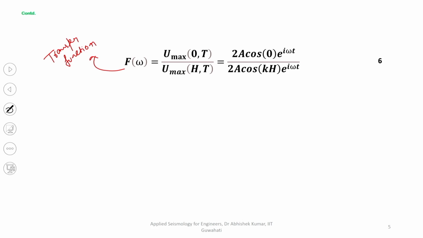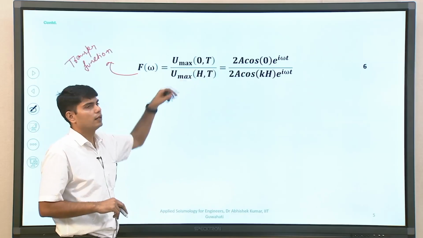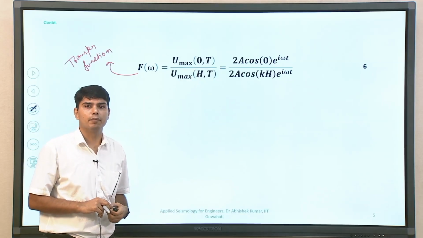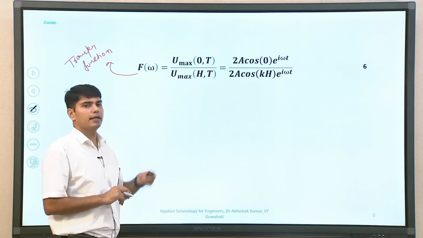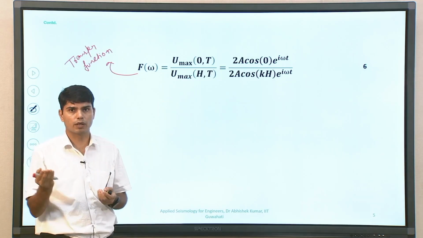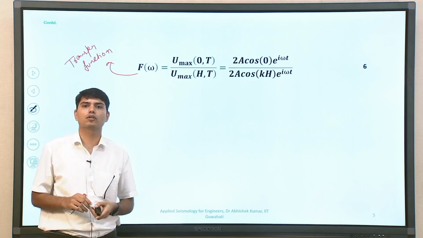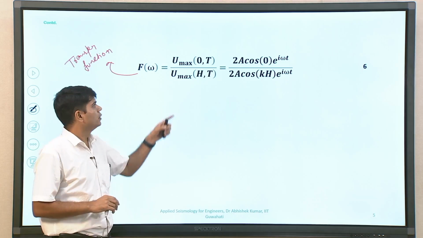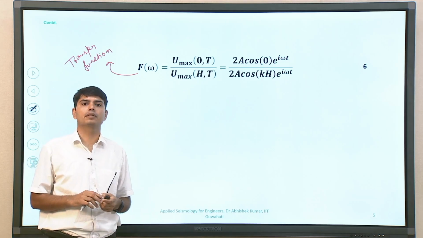In this particular case, we are having just a single soil layer. So, the transfer function here has been defined as the maximum displacement at the ground surface at some point of time capital T divided by the maximum displacement at the bottom of that particular soil layer, where H is the thickness of that soil layer, at the same moment of time capital T.